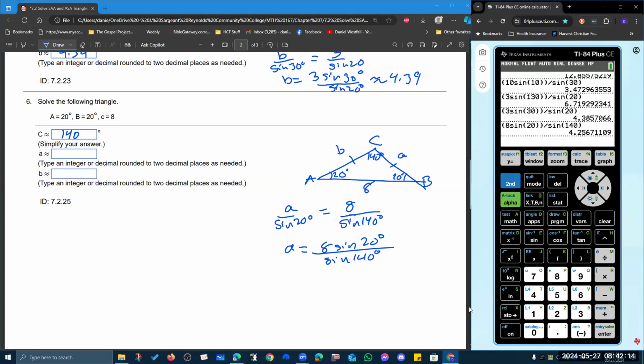We get A is 4.26, and B has to be the same thing since it's an isosceles triangle.